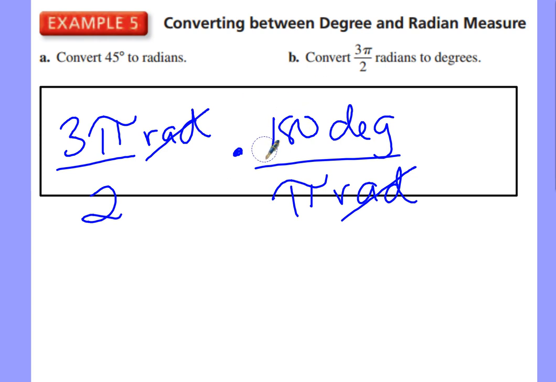Right now, 180 is about to be divided by 2. So 180 divided by 2 is 90, and 2 goes into 2 one time.